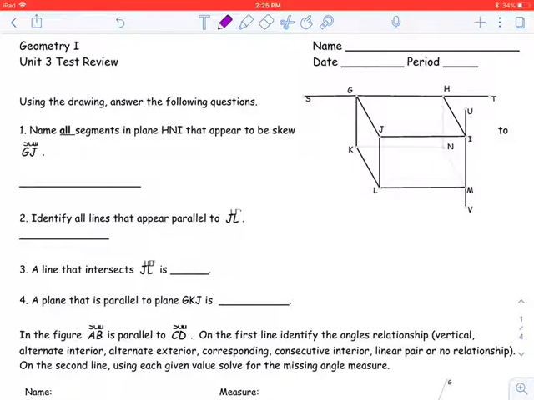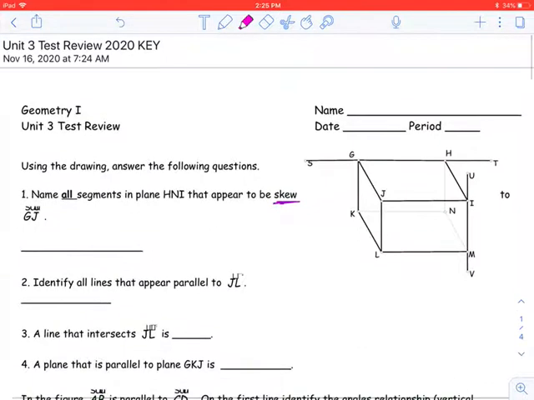So name all the segments in plane H and I that appear to be skew. Remember, skew means they are not parallel, so they're not going the same direction, and they are not going to intersect. The plane H and I appears to be the right side of our box here.